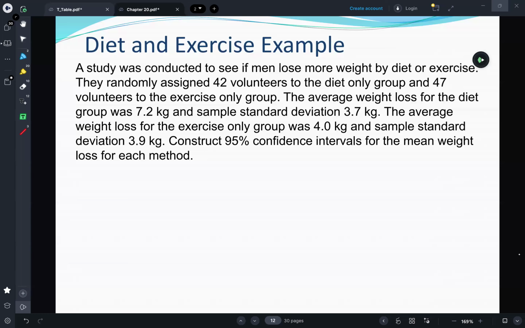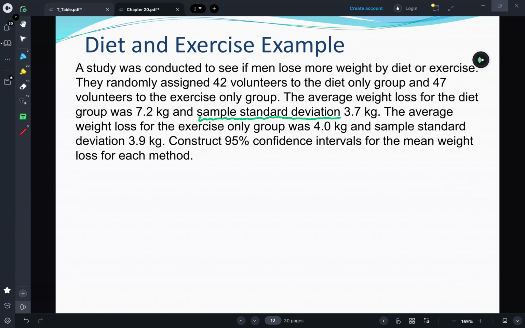This means we're using T right here. The average weight loss for the exercise only group was 4.0 kilograms with a sample standard deviation of 3.9 kilograms. Construct a 95% confidence interval for the mean weight loss for each method.